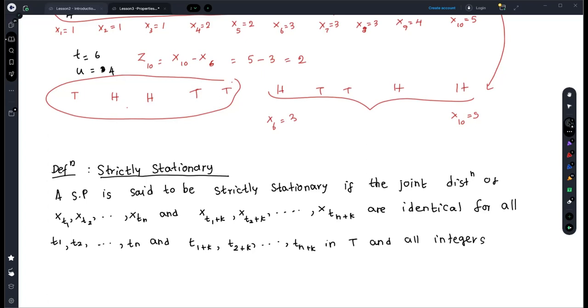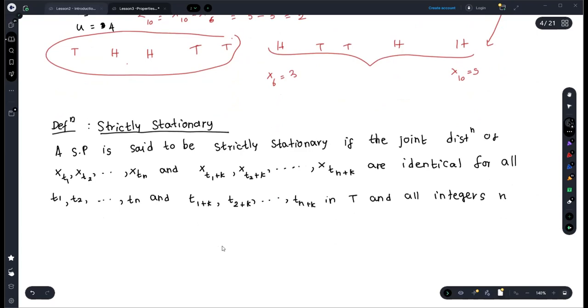Okay, so here's the definition of strictly stationary, right? So what do you see here? You have xt1, xt2 up to xtn, right? And then you have xt1 plus k, xt2 plus k, up to xtn plus k. So what has happened? The time values are shifted by adding a number k, right?